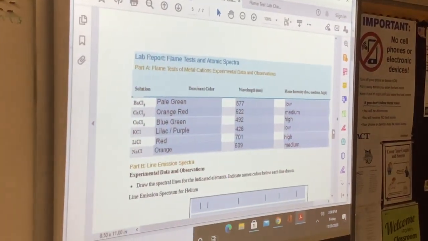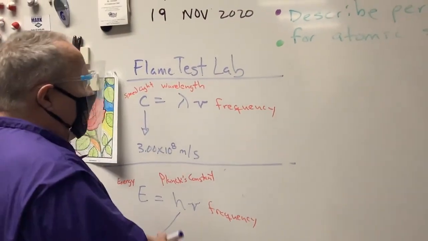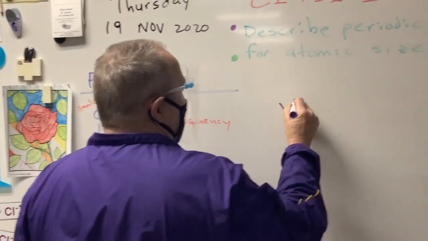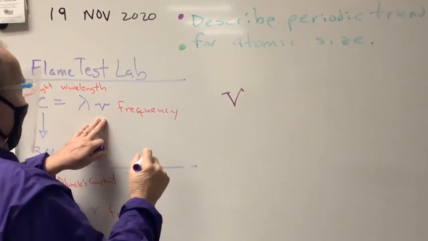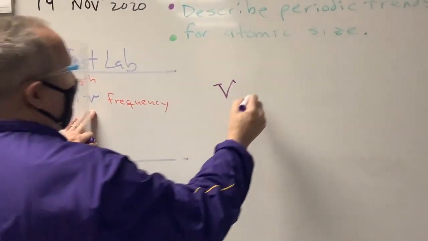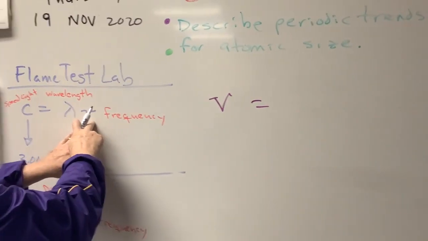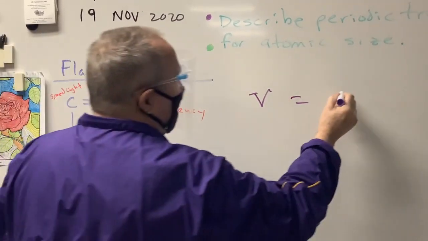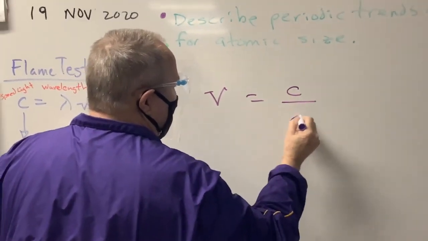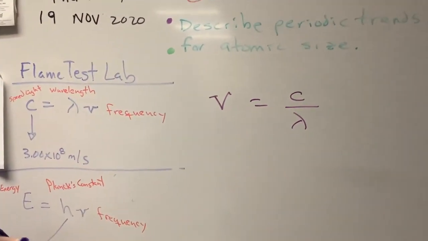If I take the 577 nanometers here, my frequency, nu, I solve for nu, it's equal to the speed of light divided by the wavelength.